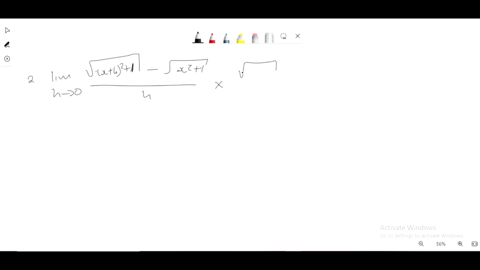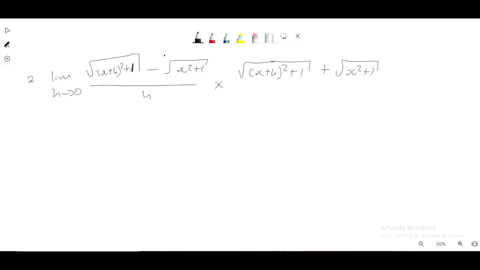So it's going to be the square root of x plus h all squared plus 1, plus the square root of x squared plus 1. Why do I put plus?